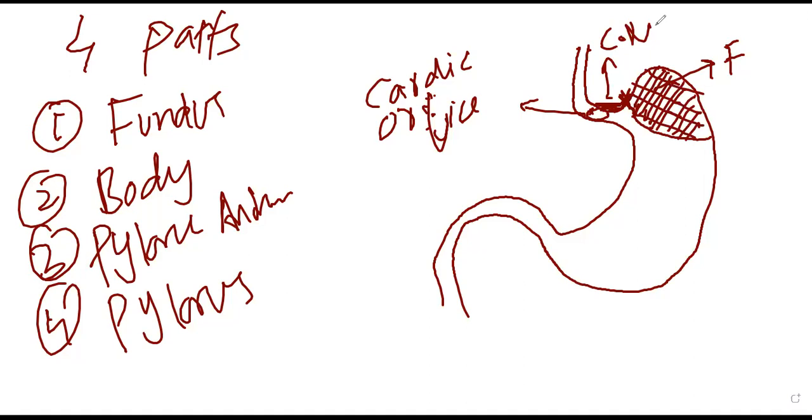Okay, the next part of the stomach is the body of the stomach. And the body extends from the level of the cardiac orifice. From here, the body extends to the incisura angularis. Incisura angularis is a notch which is present here.